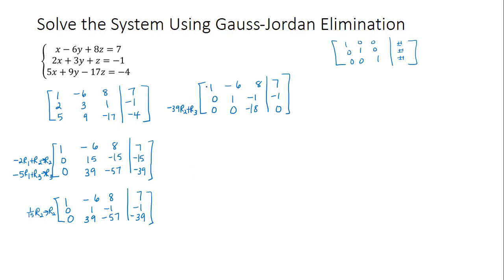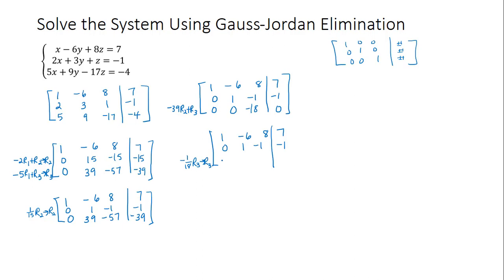So now I need to get the 1 on the third row, third column, and I can do that by dividing by negative 18. So we have 1, negative 6, 8, 7 in the first row, 0, 1, negative 1, negative 1 in row 2, and now row 3 I'm going to multiply by negative 1/18.